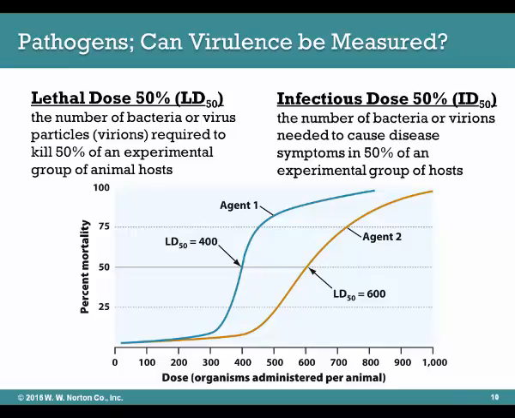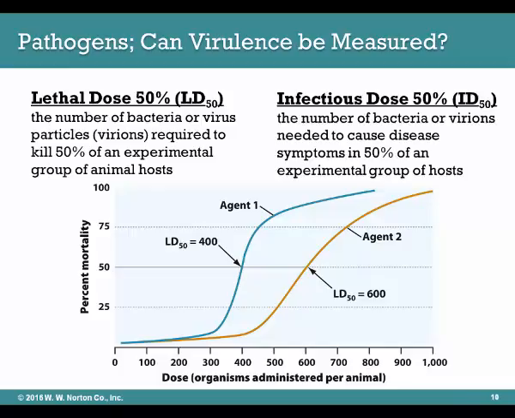The lethal dose is the death rate, and if there's an experimental model for the infectious disease, a mouse model or other animal model, then we can measure it by exposing a number of animals to the pathogen and then seeing how many of those pathogens, for example, the bacterial count, how many colony-forming units in bacteria or how many plaque-forming units of a virus are required to kill half of that population of experimental animals.